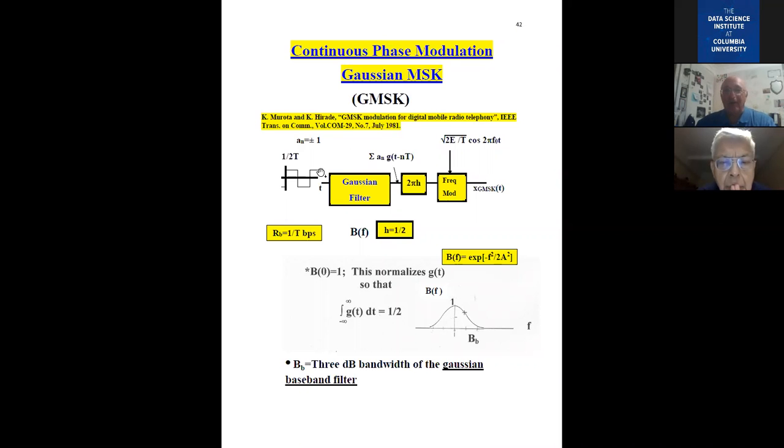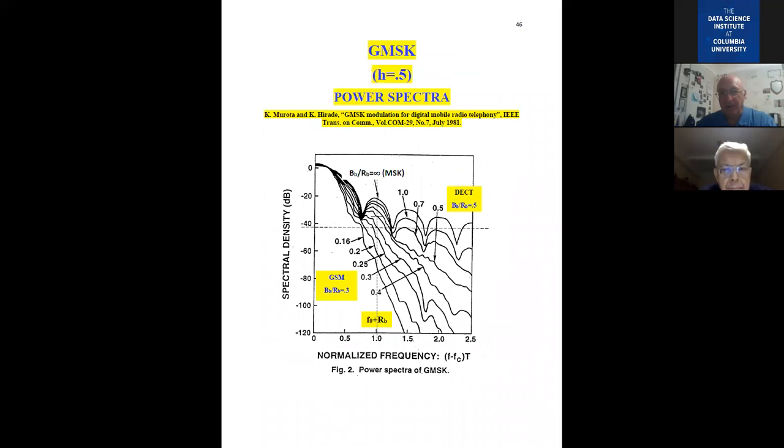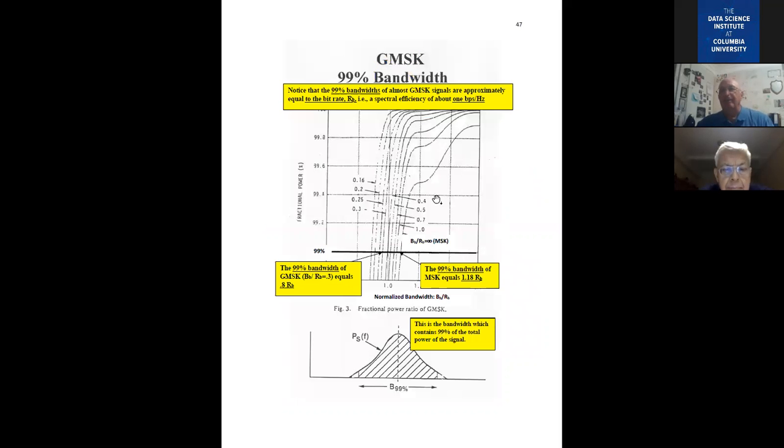A typical GMSK signal: you start off with a rectangular pulse stream and put it through a Gaussian filter, without getting involved in the whole business, to improve the bandwidth properties, and use the signal coming out here to frequency modulate a carrier. The output is a typical FM signal, but has very, very good bandwidth properties. Let me show you what the bandwidth properties look like. This is the original paper written on GMSK almost 40 years ago.